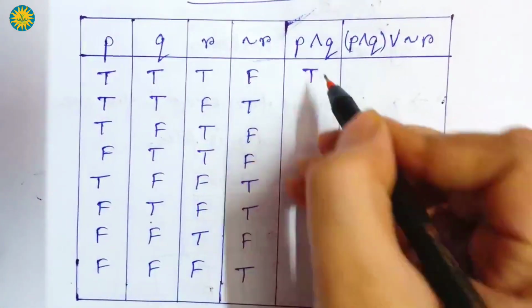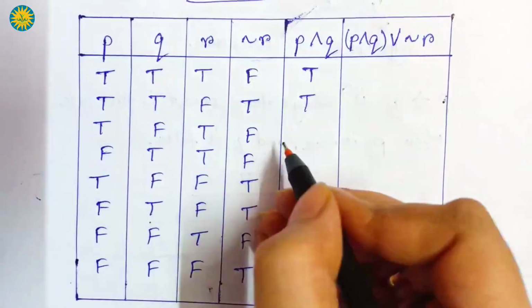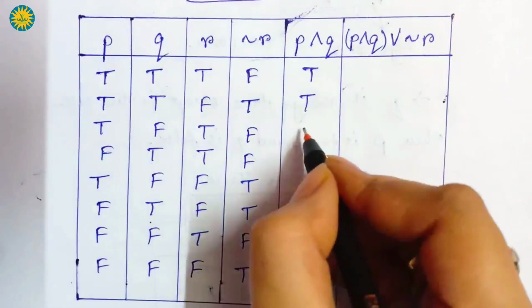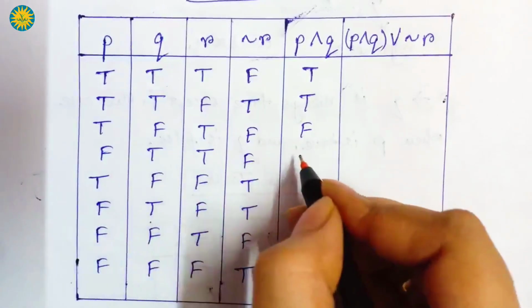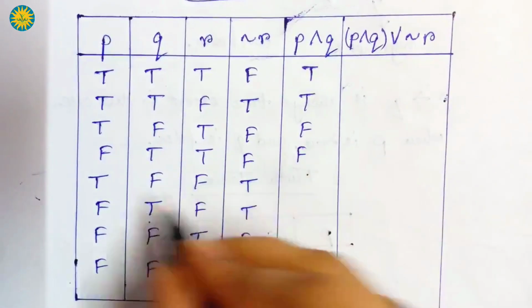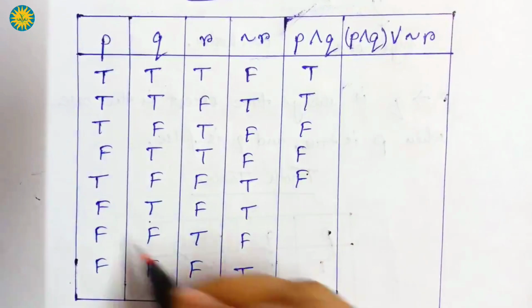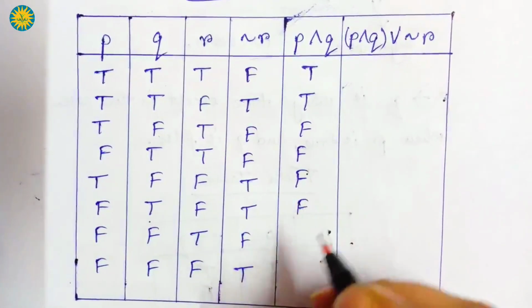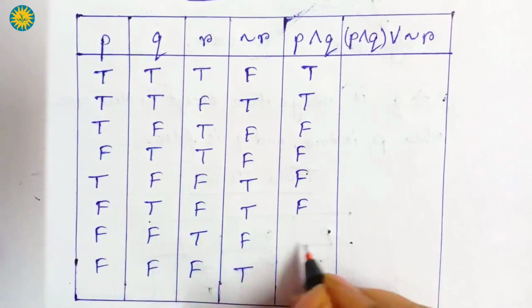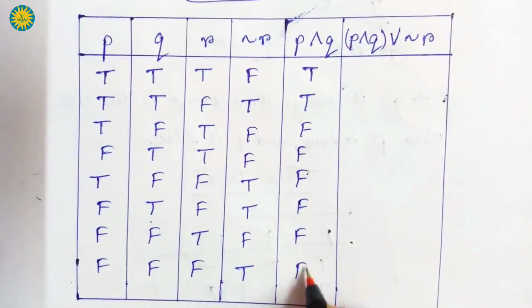True, true gives us true. True, false gives us false. False, true gives us false. True, false, false. False, true, false. False, false, false. And false, false, false.